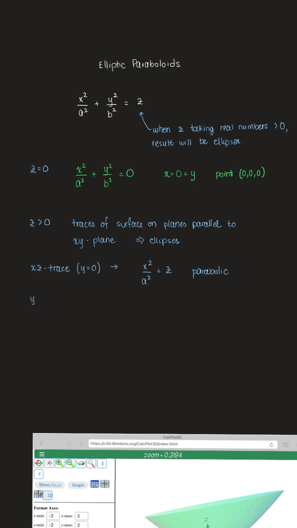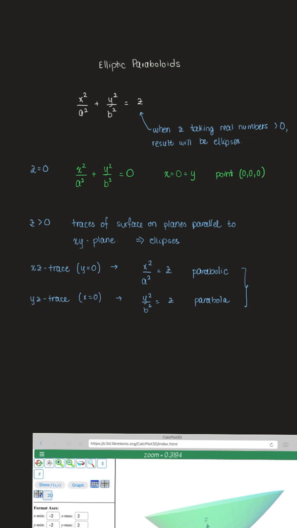If we look at the yz trace here, and that's when x equals 0, we get the equation y squared over b squared equals z, which is also a parabola. So elliptic paraboloids have two traces that are parabolas, and then one trace which runs along the axis of the linear variable is elliptical, which is why these are called elliptic paraboloids.